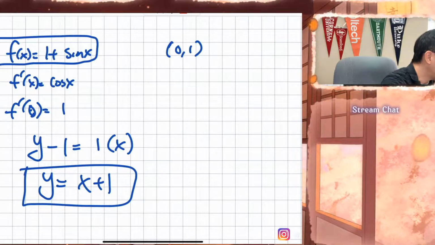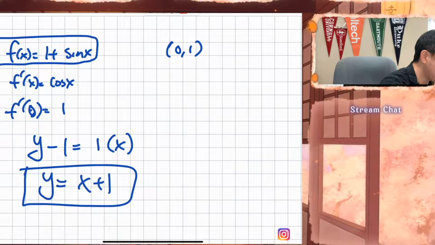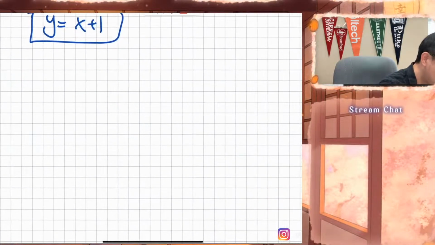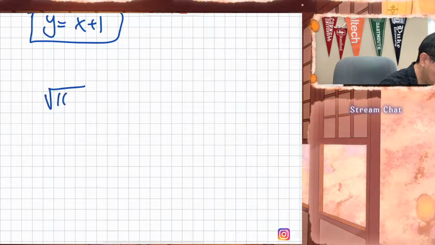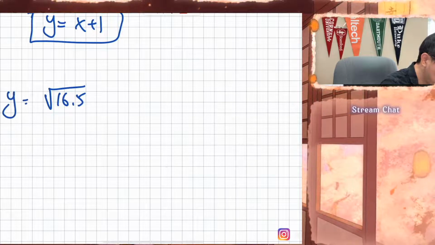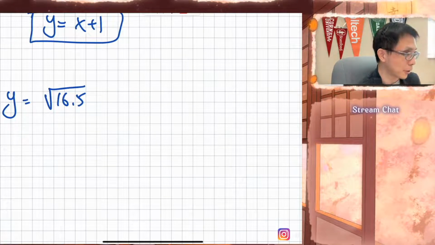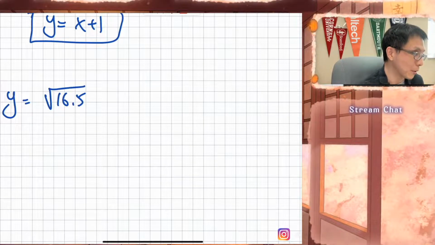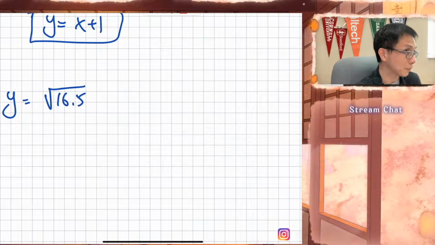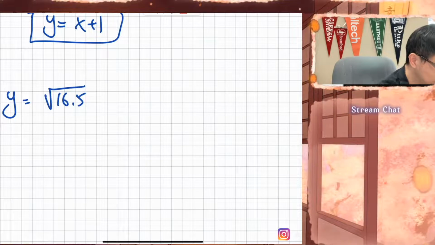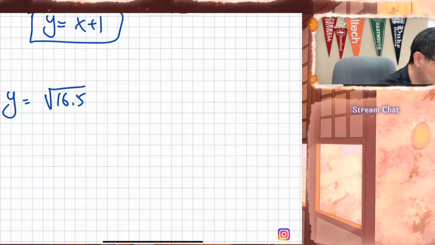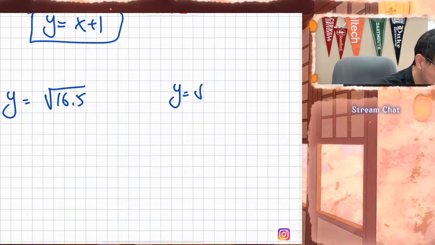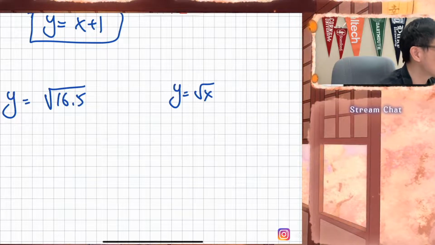But we're going to go into approximating a value. Let's try to approximate something like the square root of 16.5, and use the idea of differential to calculate the approximate value. So what we're going to do is assume a function, y equals square root of x.